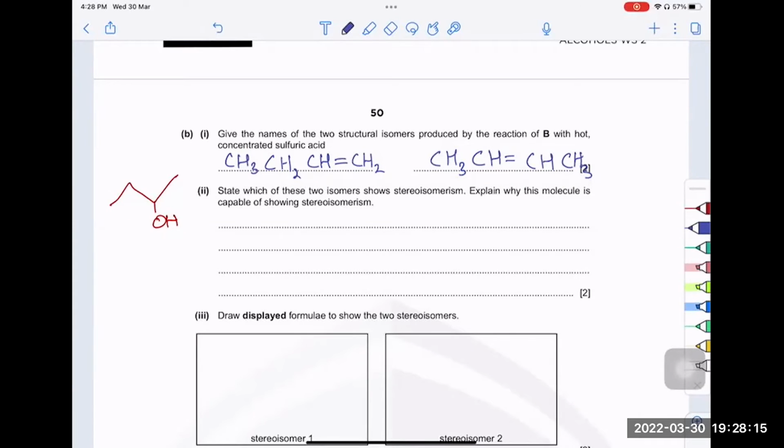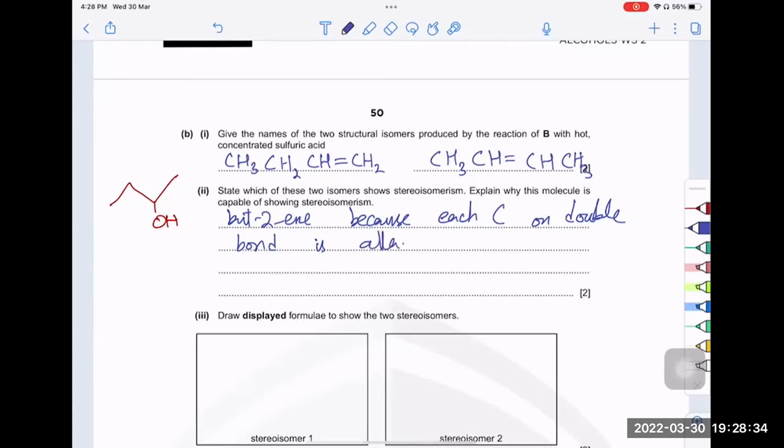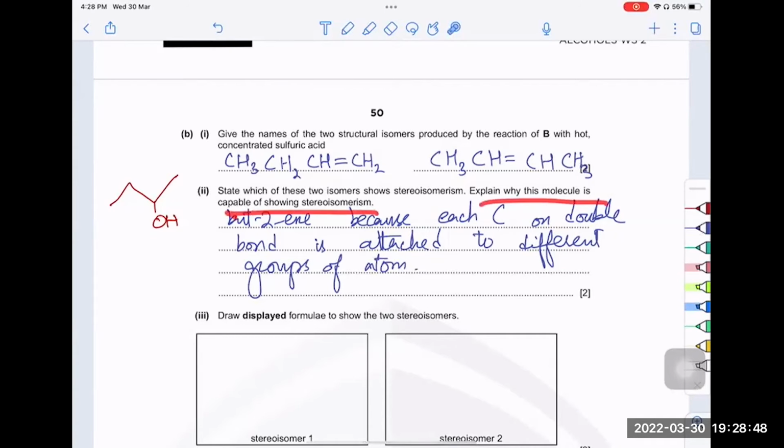So this can show cis-trans isomerism. Okay, so we'll say it is but-2-ene because each carbon on the double bond is attached or bonded to different groups of atoms. But then again, it doesn't explain why this molecule is capable of showing this.